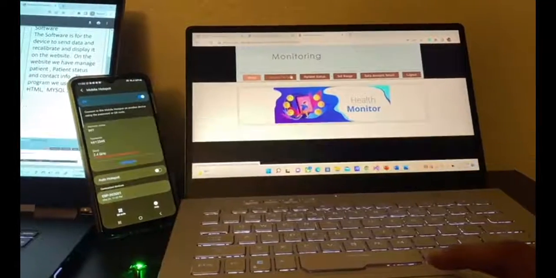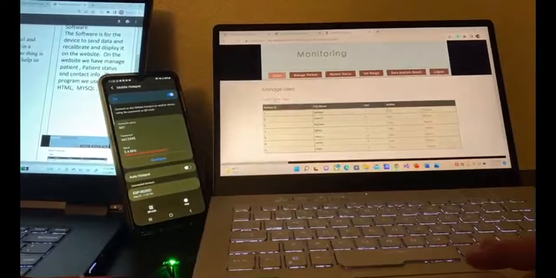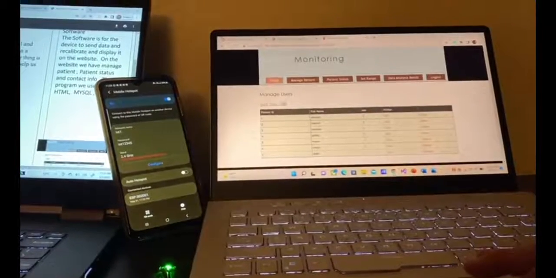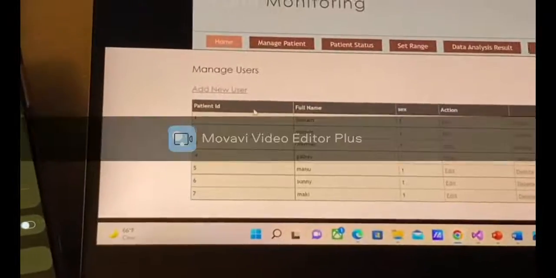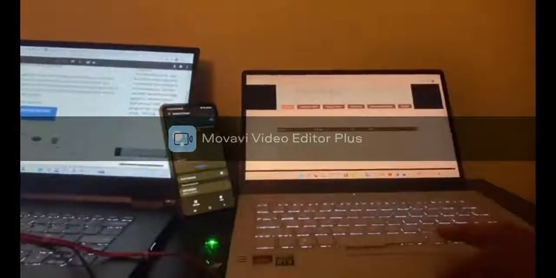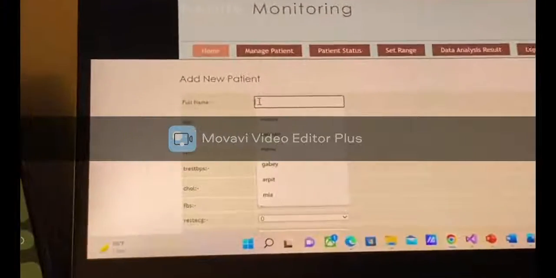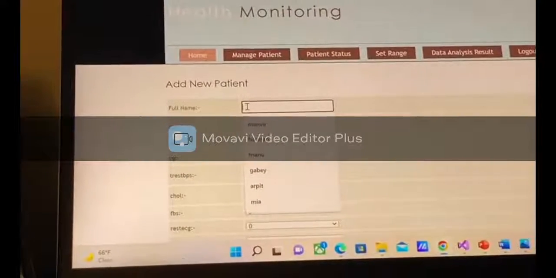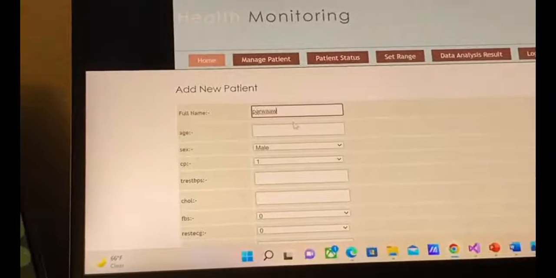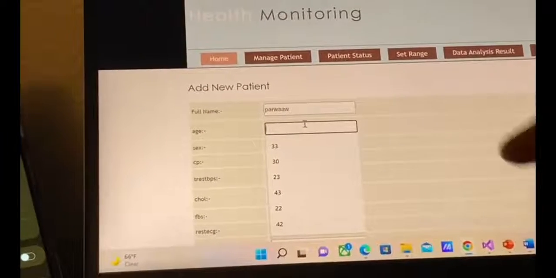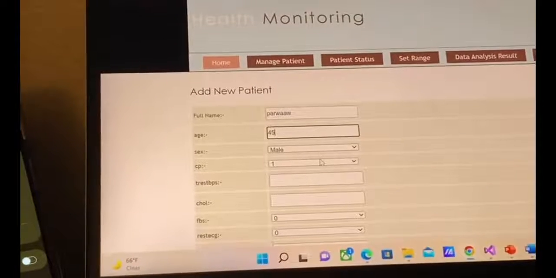After we go to manage patients, you can see how many users we have right now. These are our test subjects, and right now we only have 7 test subjects. If we want, we could add more and give them a name. So we could give Parwa, and his age could be 45. He's a male.